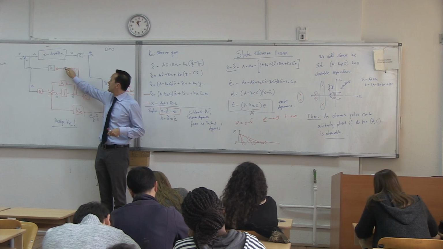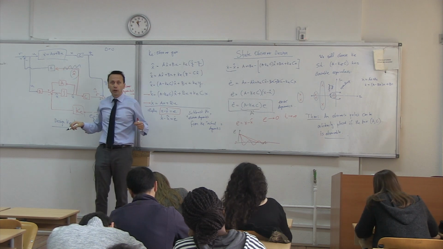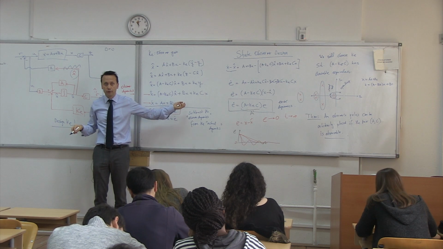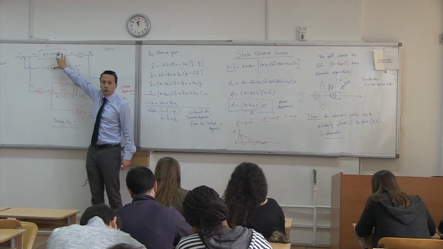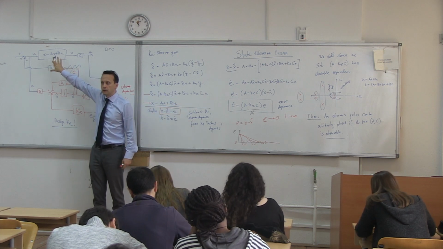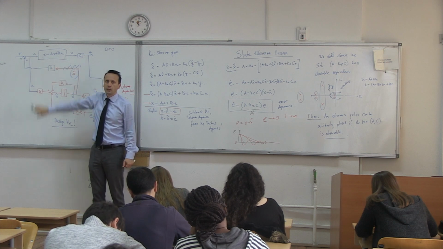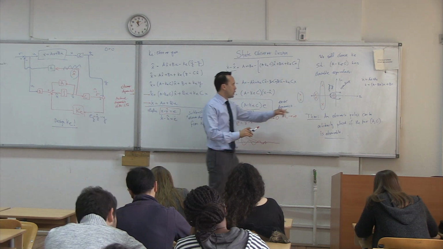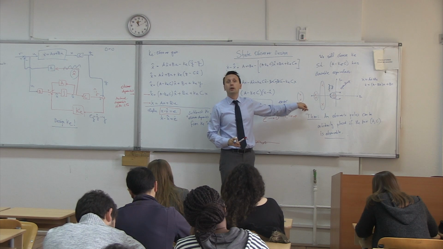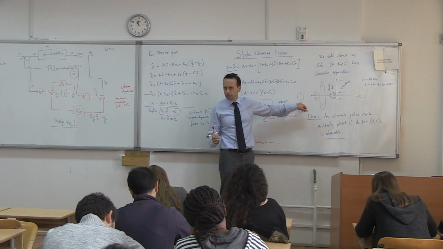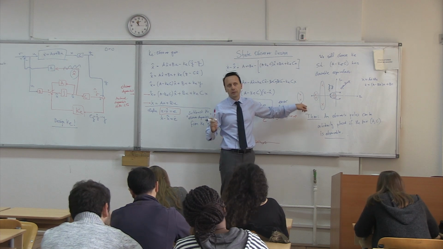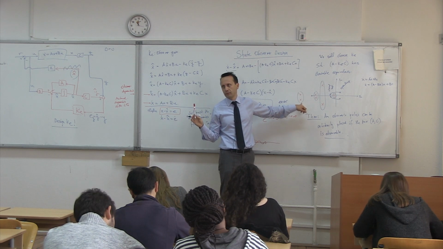If the x hats are still changing because of the error in the observer, there's no way this can converge in time. Understand? So therefore, you want the observer dynamics to be faster than the closed loop dynamics.